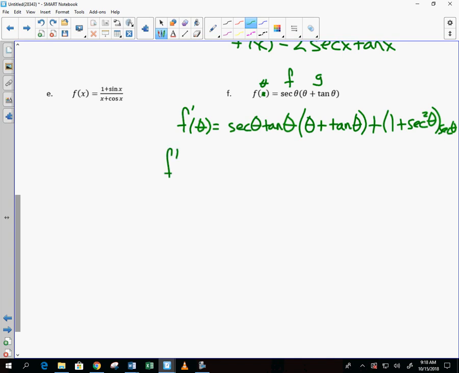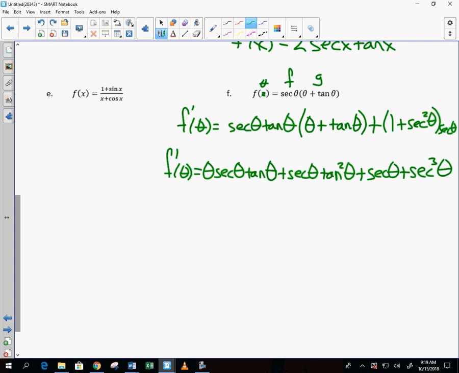So I get f prime of theta is equal to theta secant of theta tangent of theta, plus secant of theta tangent squared of theta, plus secant of theta, plus secant cubed of theta.